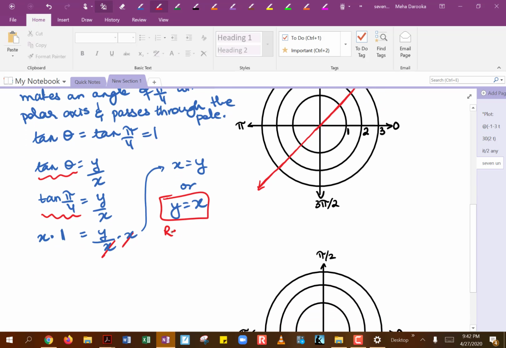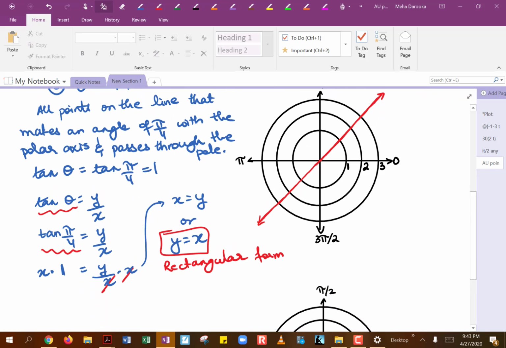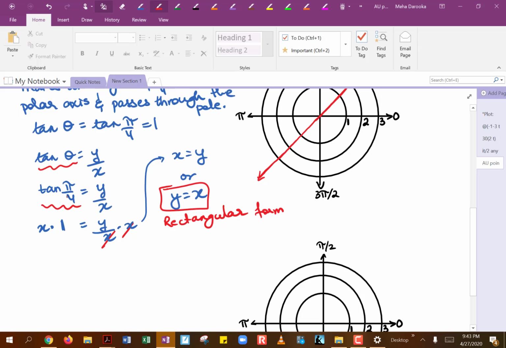So this is going to be our rectangular form, which will also be the same graph as this line, which was at an angle of pi over 4 with your polar axis. Okay, so this is how we would convert it from the polar form to the rectangular form by using this idea of tangent of theta equals y over x, and then replace the value of tangent of theta that you got at that angle of pi over 4, which came out to be 1, multiply both sides by x, and you got the equation y equals x.